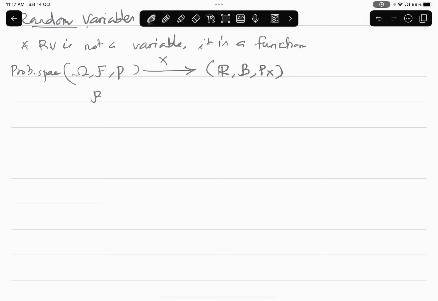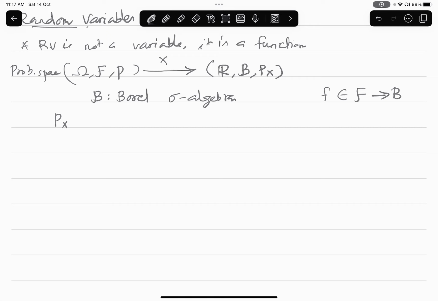We'll talk more about the Borel sigma algebra later, which is not too much in the scope of this course. And how is this Px defined? Any event which is already in F, a subset of Ω, will get mapped to B, and B is a subset of the real line.